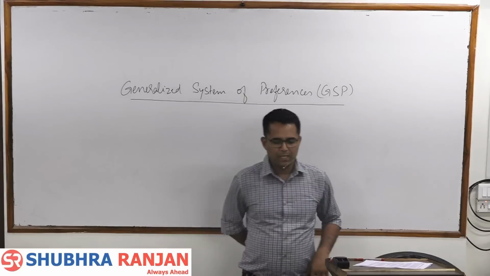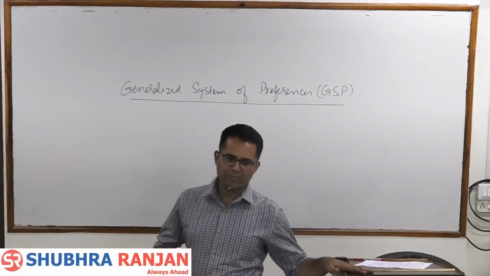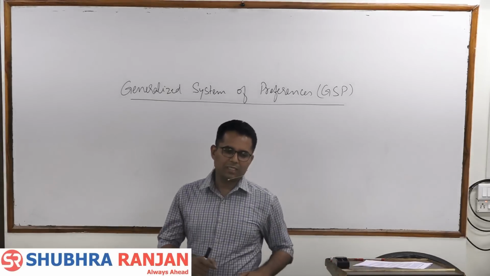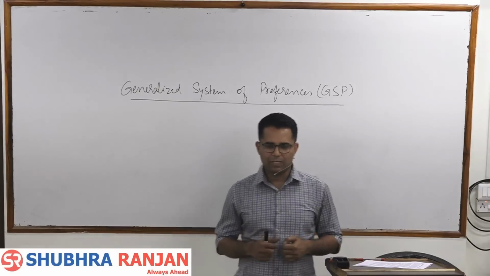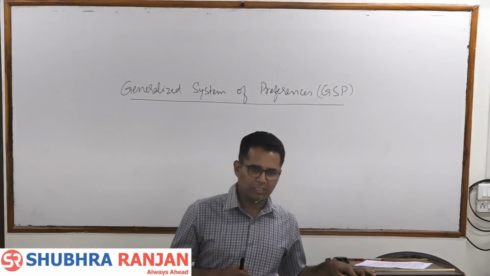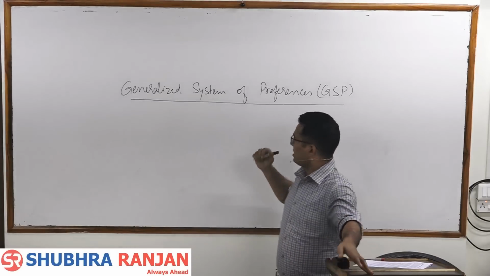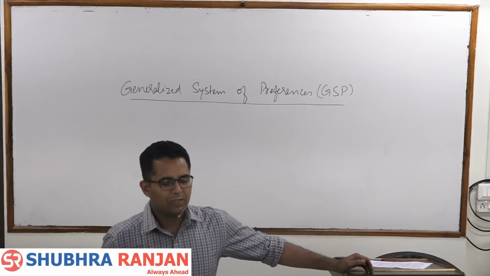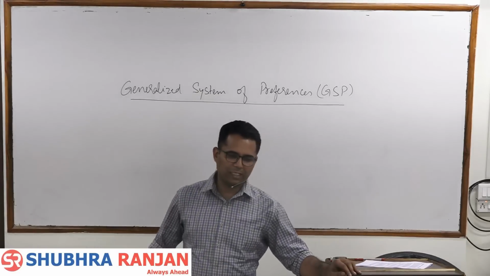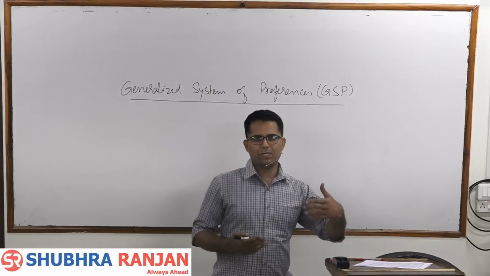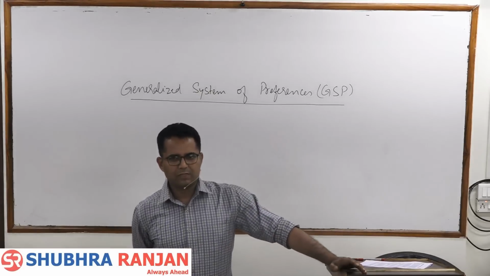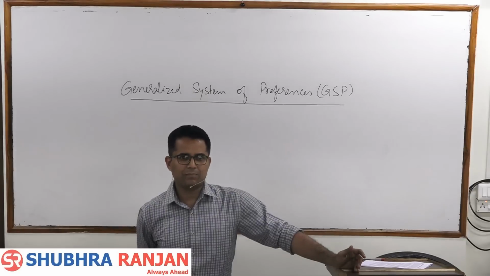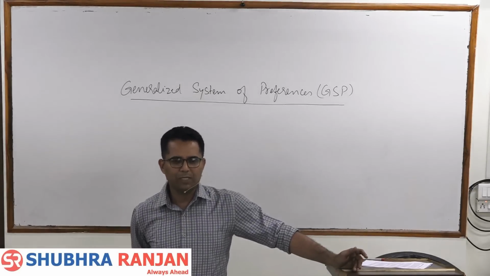Now, for this MFN principle, there are certain exceptions granted by the WTO, and one of the important exceptions is the Generalized System of Preferences. Under GSP, the WTO says that any developed country can offer certain extra benefits, some differential treatment, to developing economies.